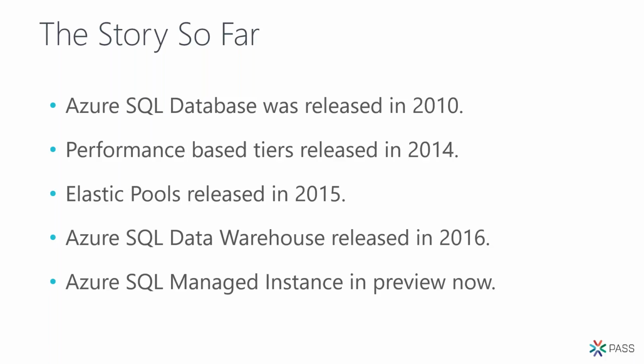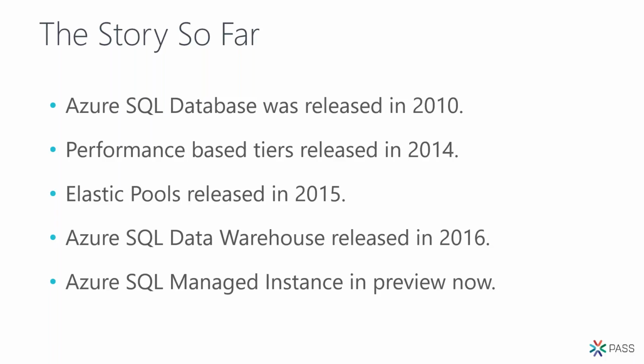Then the next evolution was released in 2015, and it's called Elastic Pools. Elastic Pools allow you to grab a bunch of databases and share resources among them. We'll go into detail on all these different models later in the slide deck, of course. But for now, it's just to see the timeline and how quickly things have accelerated. It took 4 years between 2010 and 2014 to see a big change with the performance-based tiers being introduced, and after that a lot of new stuff has been coming out.